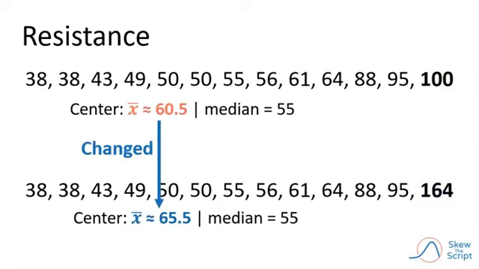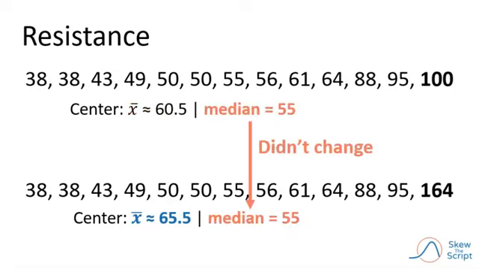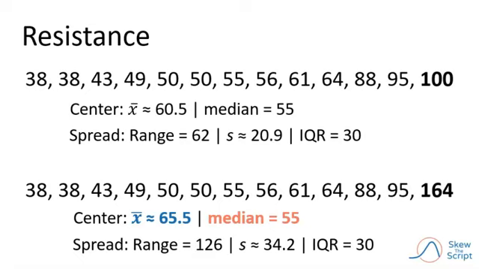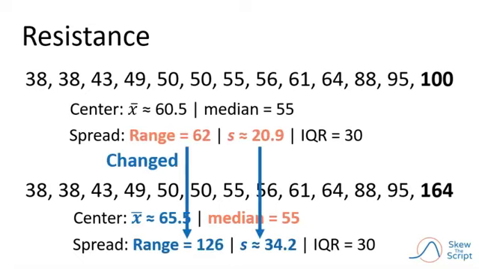With the boss's raise, we can see that the mean changed. Specifically, it increased by about $5,000. However, the median didn't change. It stayed $55,000. Now, we can also look at measures of spread. We can see that the range and the standard deviation each grew when the boss gave themselves a raise.